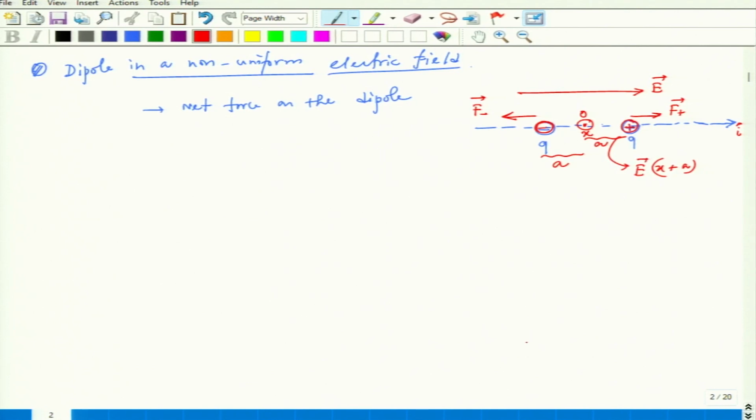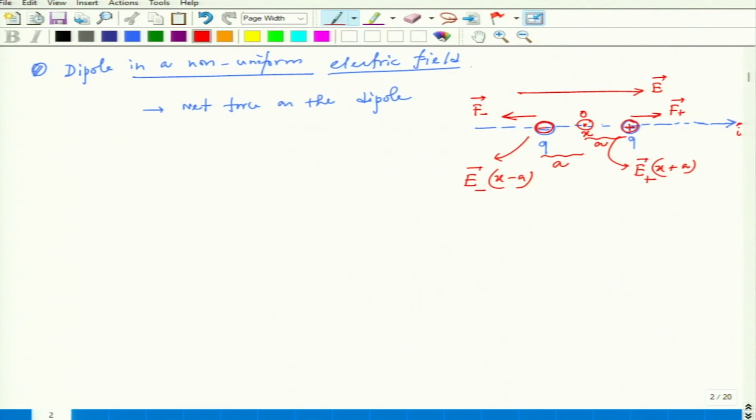At the position of the plus q charge the electric field vector is E at x plus a, which depends on the distance, and at the minus q charge it is E at x minus a. Let us call these E plus and E minus, the electric field at the plus q charge and at the minus q charge.